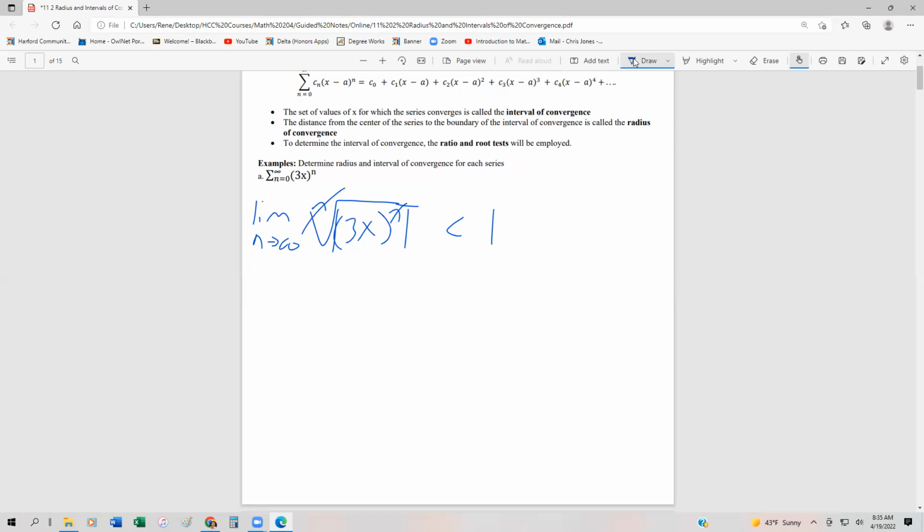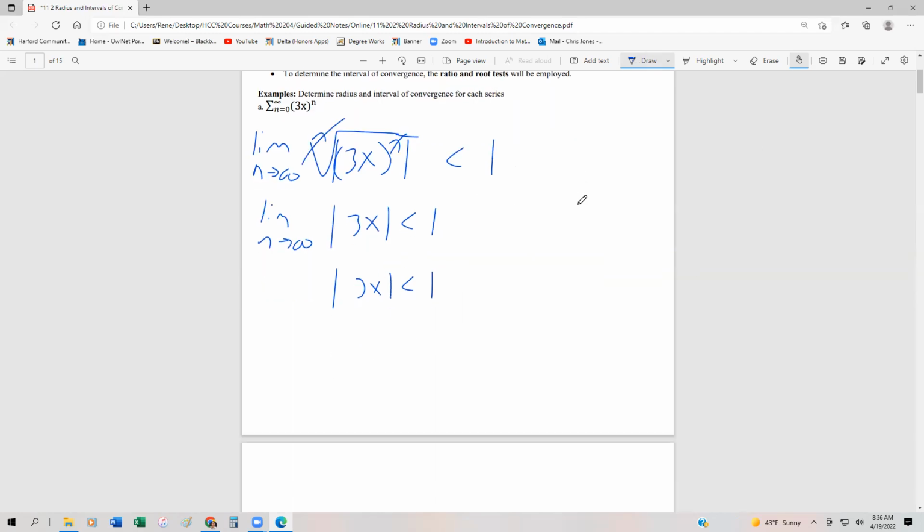And then we're left with the limit as n approaches infinity of the absolute value of 3x. The good news is that there are no n's in this one, so there's nothing to apply the limit to, since x is independent of the variable n. And so really, we just get the absolute value of 3x is less than 1.